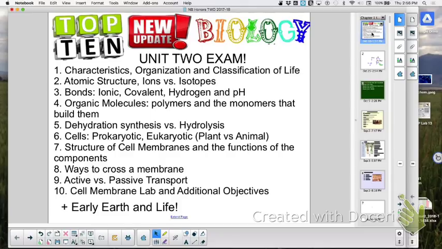Acidic. When you have few hydrogen ions and a lot of hydroxide ions, it's not an acid, it's a base. Okay? pH. What's neutral? Water. And what number is that? 7. Is rainwater neutral? No. Okay. All right. So we did 1, 2, 3, and we did early Earth, 4, organic molecules.